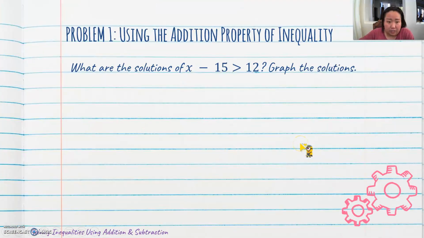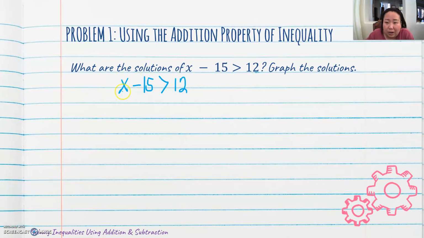Okay, so let's say we have this example: x minus 15 is greater than 12. We have to find the value of x, and we also need to graph the solution. So just like the same goal that we had with solving equations, we need to isolate our variables. So you have x minus 15 is greater than 12.